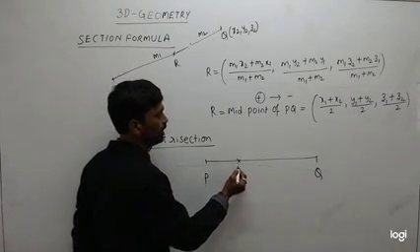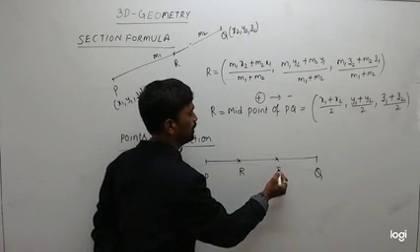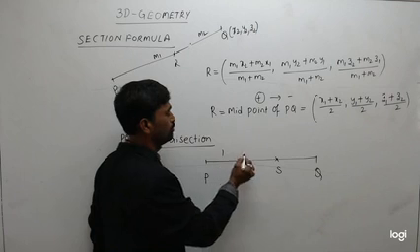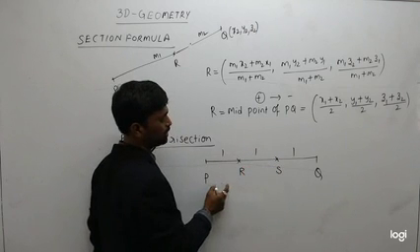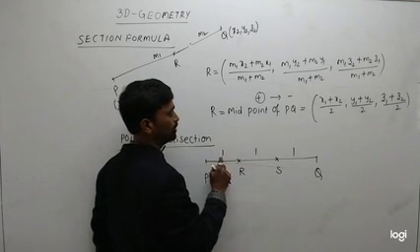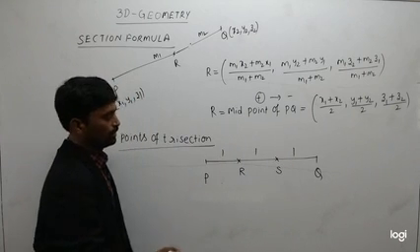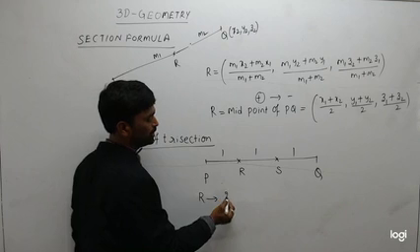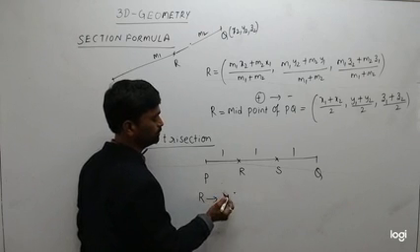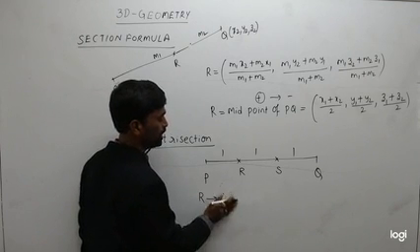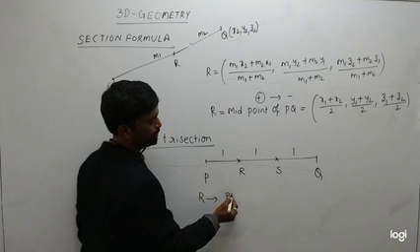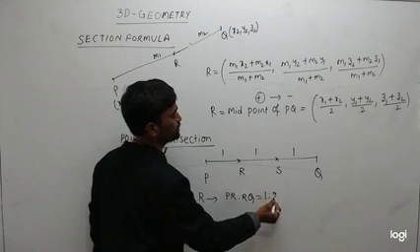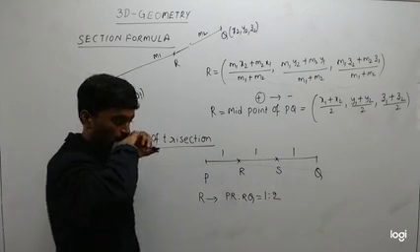Suppose R and S are the 2 points which divide the segment PQ into 3 equal parts. That means PR is to RS is to SQ is 1 is to 1 is to 1. Then from this figure, clearly R divides PQ in the ratio 1 is to 2. Am I correct? Because R divides PQ in the ratio PR is to RQ. So PR is 1 part, RQ is 2 parts.